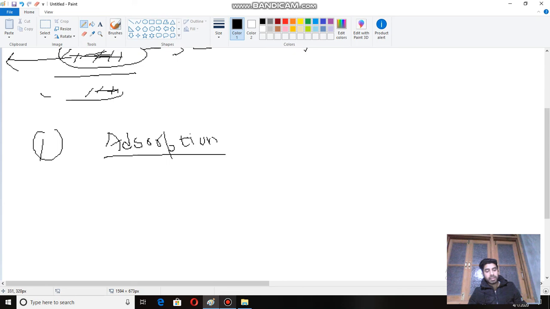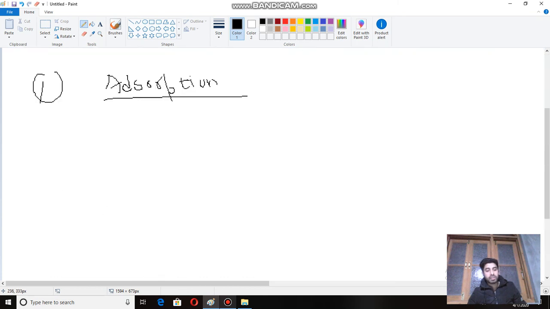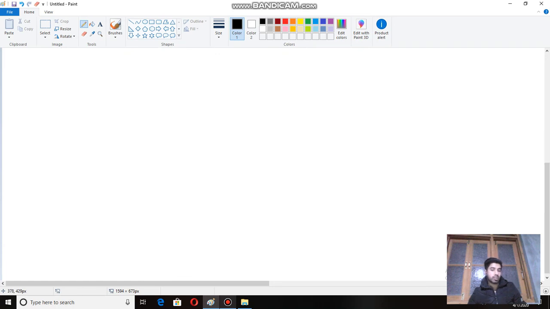What do you mean by adsorption? Now the molecules present on this surface, for example consider this A, have higher energy because it has force of attraction from here, from here, from here, but from this side it is absent. So if any molecule comes in contact with this molecule present at the surface, it will try to adhere it to its surface. So this property is basically known as adsorption.